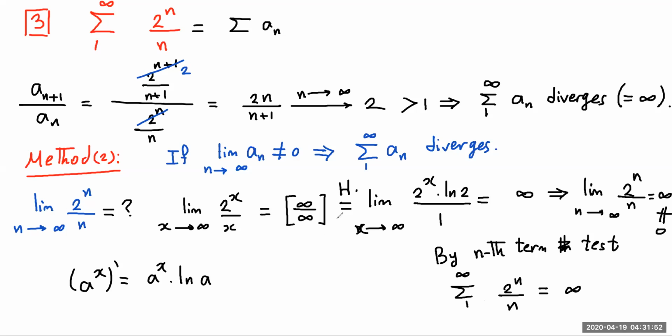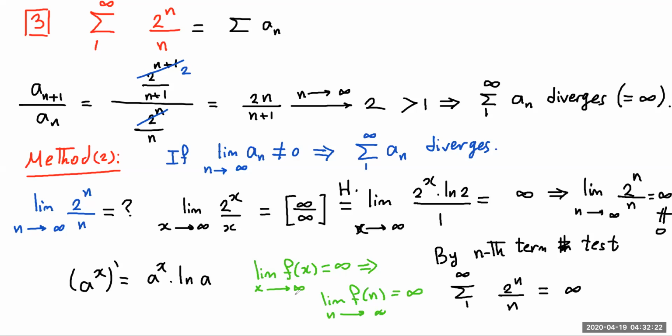So here we are using a rule that said that if the limit of f(x) when x goes to infinity is infinity, then the limit of f(n) where n goes to infinity also will be infinity.